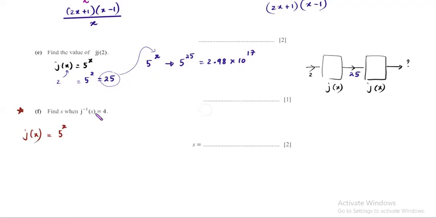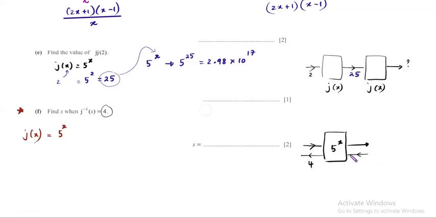Now this is something to do with the inverse function machine. If I'm to draw a small diagram to explain this to you, we have this as the function. The function is going to be 5 to the power x. When we send in an input, we get an output, right? The inverse function is from this end, when we send in, the output that we get is given here as this 4.